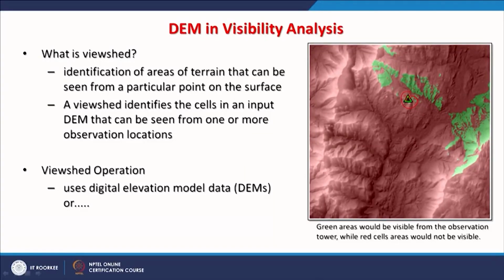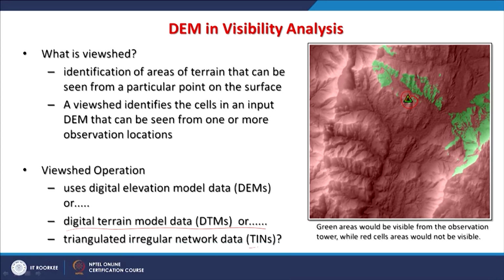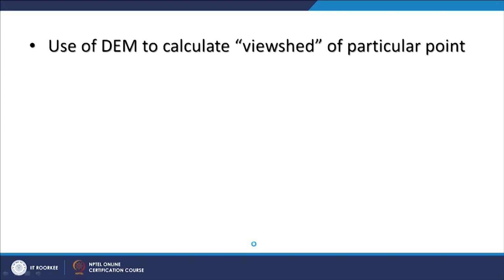And viewshed operations basically use a digital elevation model as input, and of course the digital terrain model, DTM, or whatever the best resolution available is. You can also employ your TIN as well to a limited extent, and this analysis can be performed.